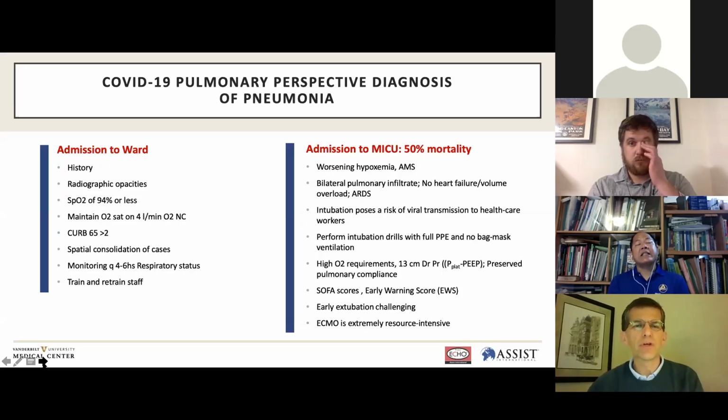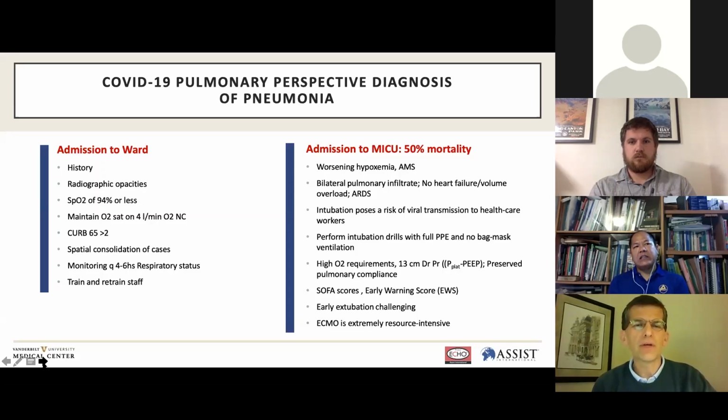Some people use the CURB-65 criteria over 2 to admit patients to the ward, and they particularly look for spatial consolidation of cases, not admitting patients all over the hospital, but in one particular ward.